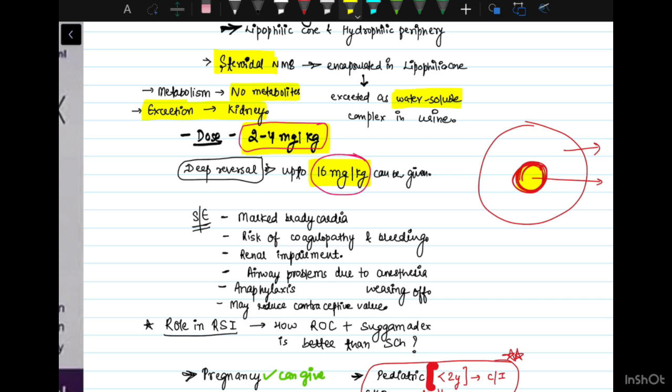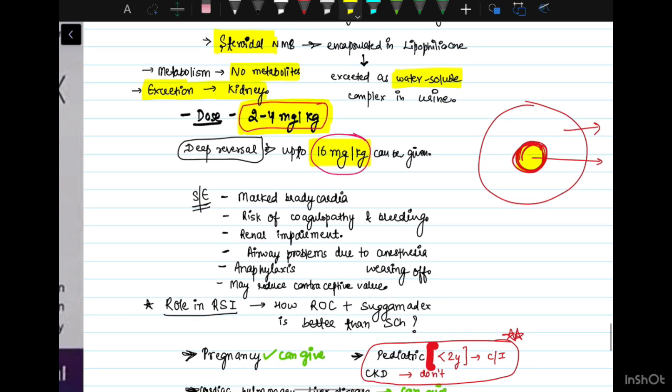Now the usual dose of this Sugammadex is 2 to 4 mg per kg, but even if the patient is in a deep neuromuscular blockade, suppose you have just given rocuronium, and within 10 seconds you're not able to intubate, it is quite a possibility. Suppose in a rapid sequence induction, you tried to avoid succinylcholine, because succinylcholine doesn't have a reversal agent.